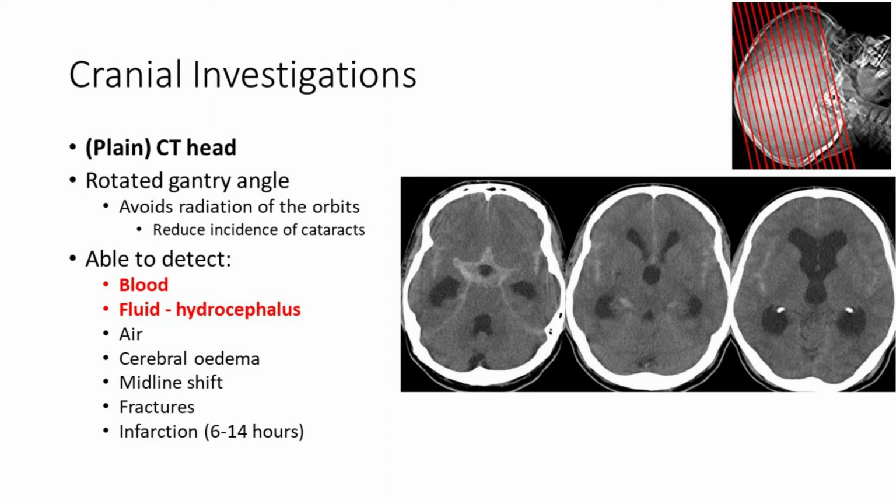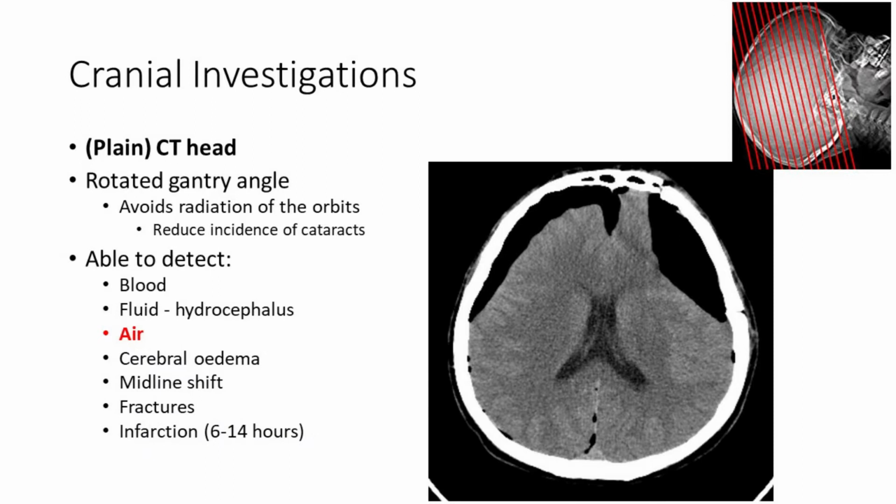The next thing that CT heads are good at looking at is air, and you can get this in post-craniotomies or in some chronic subdurals where air gets into the tubing, either the wound drain or the subdural drain, whichever your unit uses.